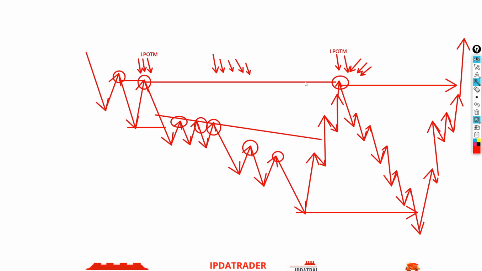If you see the line across here, it connects one structure point with the next one. If they wanted to keep making money selling, they would have protected this point and continued lower right there instead of pushing up. But since they broke structure to the upside, you can now assume that the overall interest of this market has shifted from bearish to bullish.